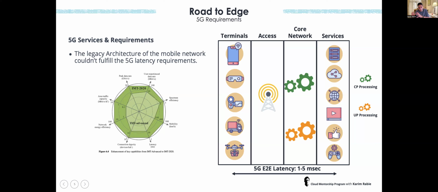You need to somehow shorten the user plane mile to have it as close as possible to the terminal to achieve this 1 millisecond. But 1 millisecond latency is not an objective in itself. We will not spend millions to build infrastructure near the end user just for the sake of realizing 1 millisecond.